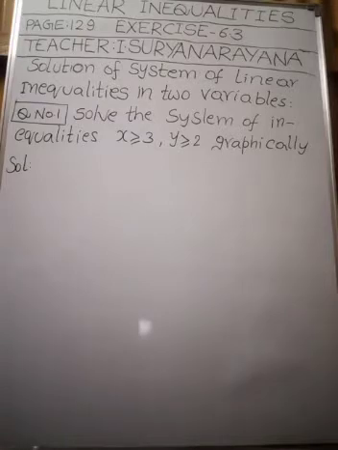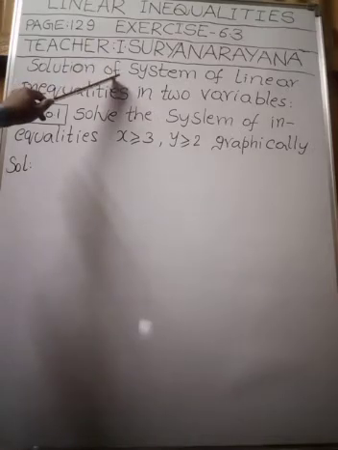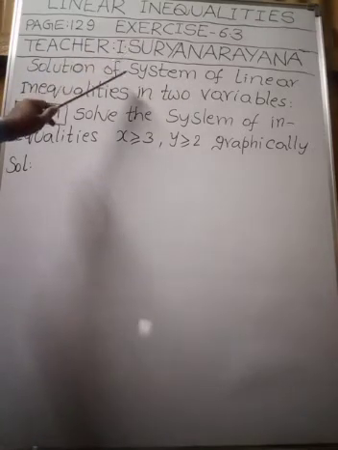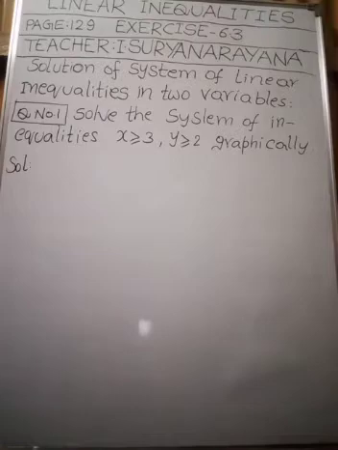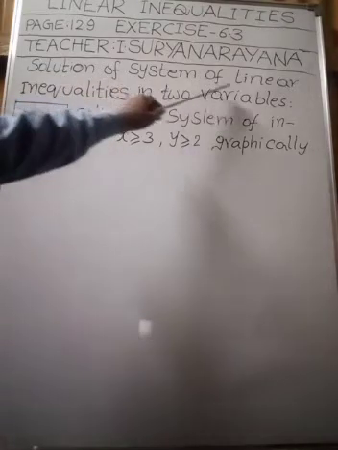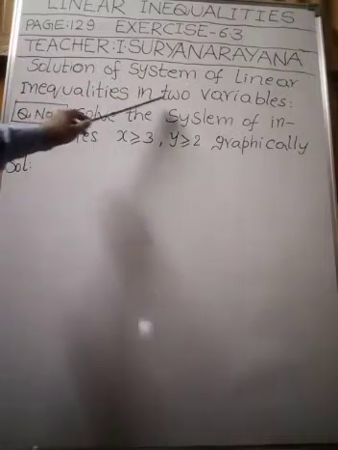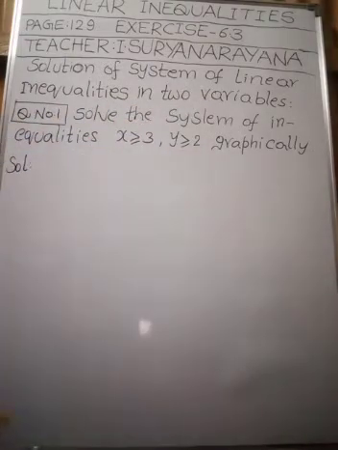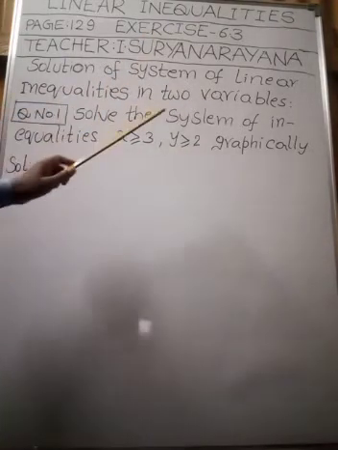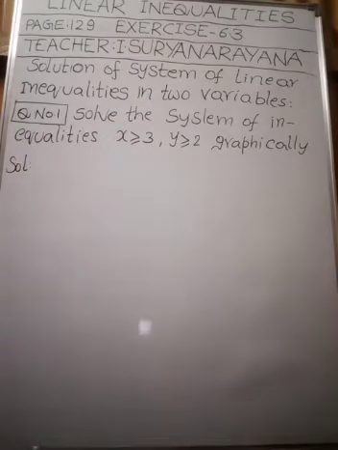Now come to exercise 6.3. Are you ready to listen to the class? Solution of system of linear inequalities in two variables. In the previous exercise we were given only one linear inequality in two variables.